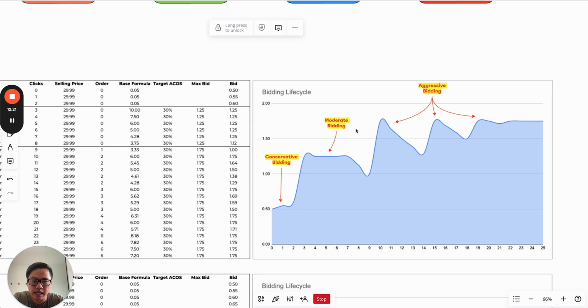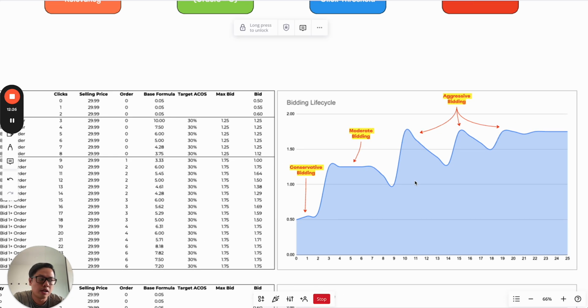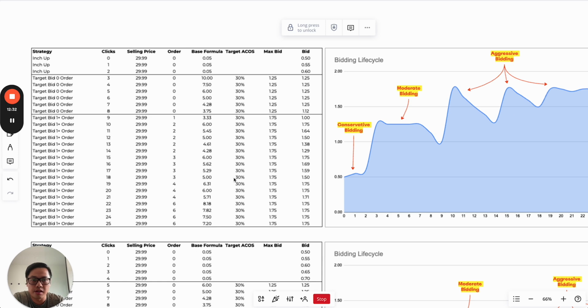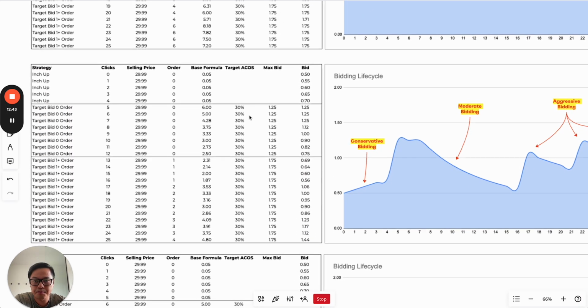It just follows that exact idea of applying confidence as a level to where you want to be bidding. And this is the main concept. If you can understand this, you can master bidding, because the bid will always be exactly where you want it to be. And it becomes a very efficient system.